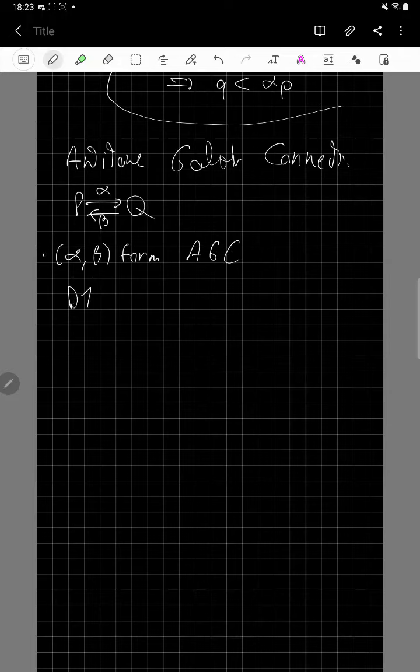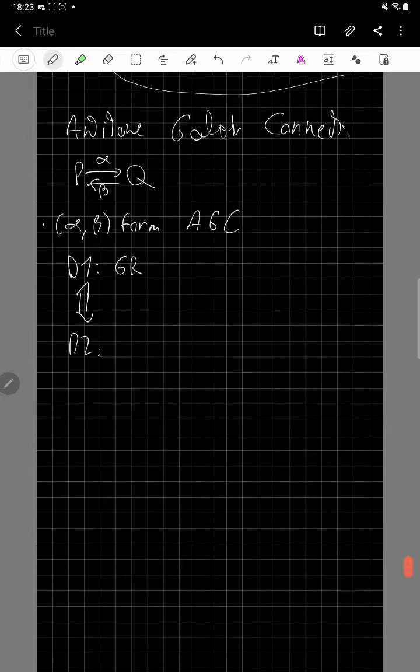The first definition basically just says that we have a Galois relation where we can change the alpha to a beta, and we proved that this is equivalent to definition 2, where we have both antitonicity and inflation.